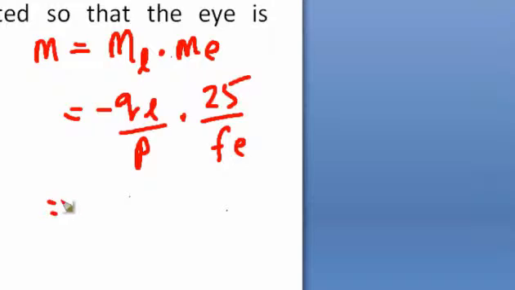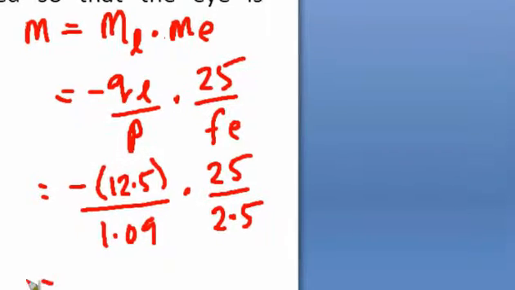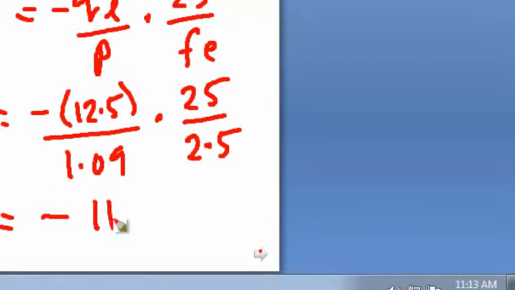So once we put the values in, we get minus 12.5 divided by 1.09 multiplied by 25 over 2.5. So our final answer comes to minus 150. That is by how much the image will be magnified.